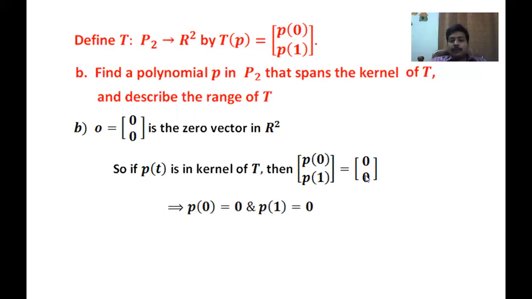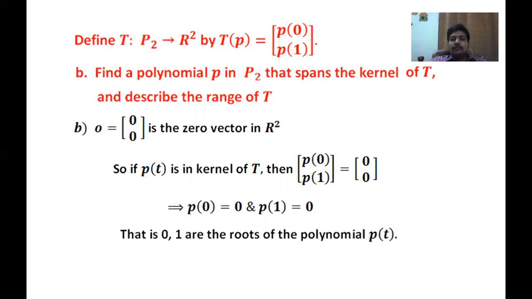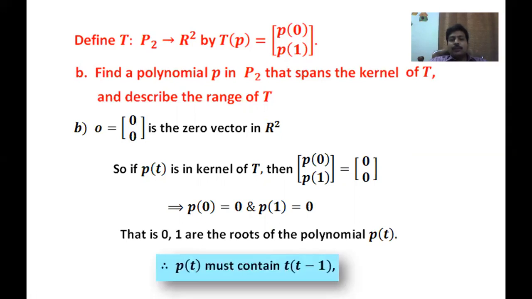So for a polynomial equation, p(0) is 0 and p(1) is 0. That implies both 0 and 1 are the roots of that polynomial equation. 0 and 1 are the roots of the polynomial p(t). So p(t) must contain t times (t minus 1).